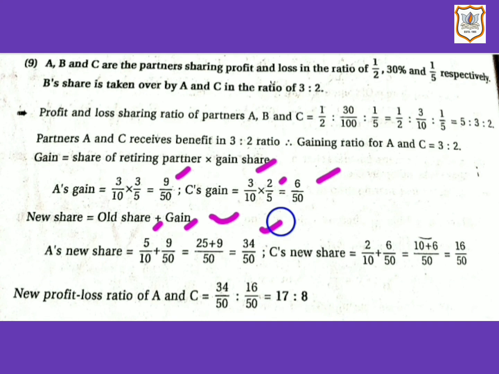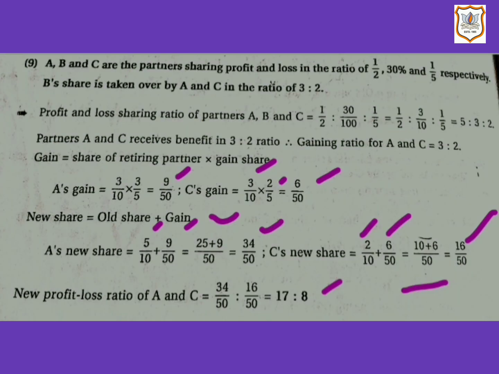Similarly, we will obtain C's new share. Here C's old share is 2/10 plus C's gain is 6/50. If we solve this, we will get 16/50 as C's new share. So in this way, new profit loss ratio of A and C would be 17:8.